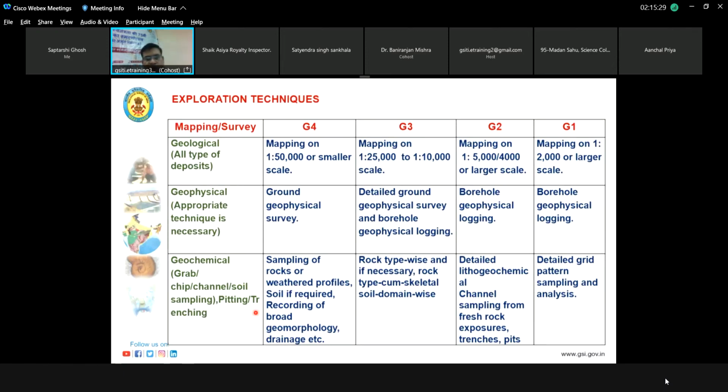In G2 there is definitely a specific mineralized zone, and your depth persistence will be there. Then you have to go for the sampling at that zone. In G1, definitely there is grid pattern drilling and sampling will be more.